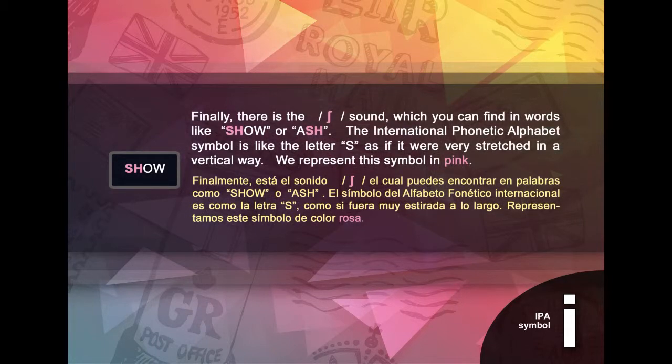Finally, there is the sh sound, which you can find in words like show or ash. The International Phonetic Alphabet symbol is like the letter S, as if it were very stretched in a vertical way. We represent this symbol in pink.